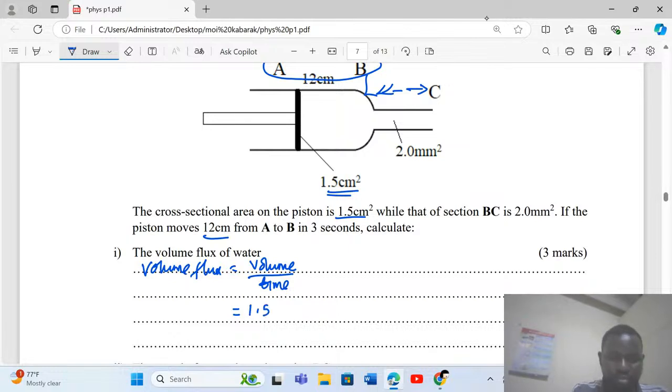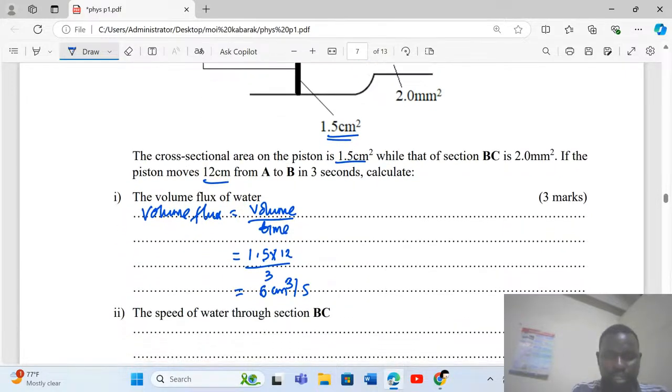Therefore, 1.5 times 12, you divide by time of 3 seconds. In this case, you'll arrive at 6 cubic centimeters per second.